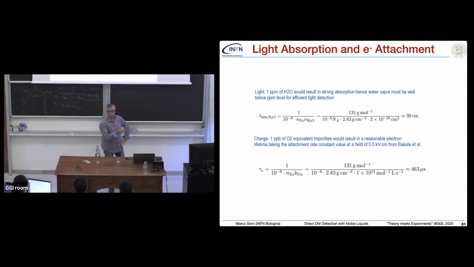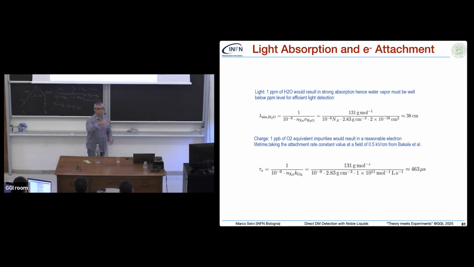In the case of charge, it is even worse. 1 ppb, 1 part per billion of oxygen equivalent can give you, expressed in terms of electron lifetime, that means the time after which the electron cloud is reduced by a factor 1 over e, about 500 microseconds.